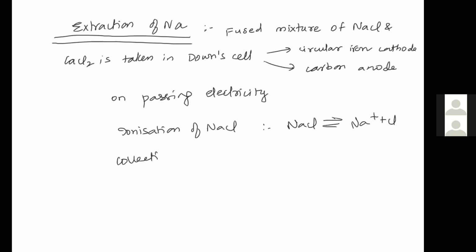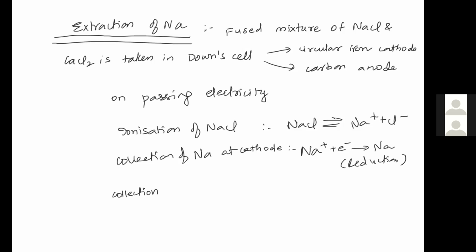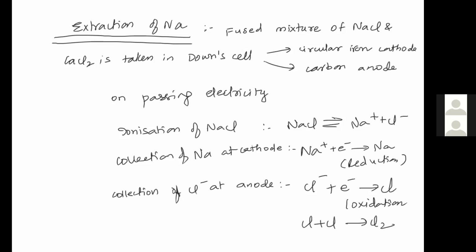Next is collection of sodium at cathode. Reduction. Collection of Cl minus at anode. Cl minus minus electron gives rise to Cl, which is oxidation. So that Cl plus Cl combines to form Cl2.